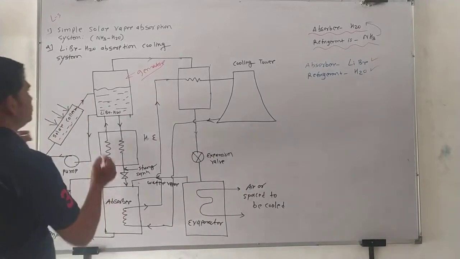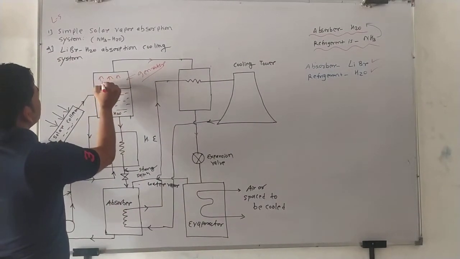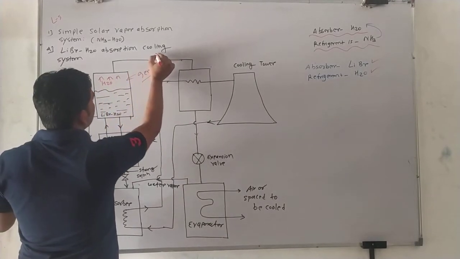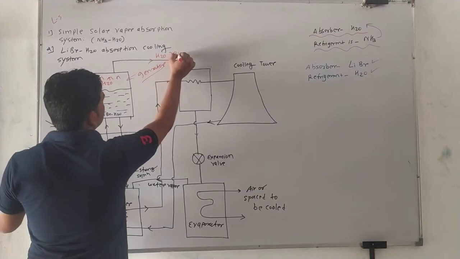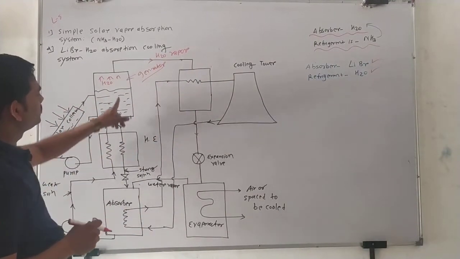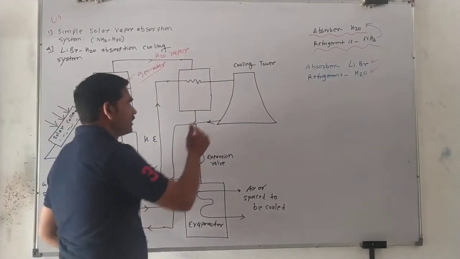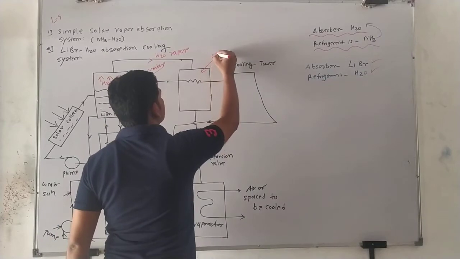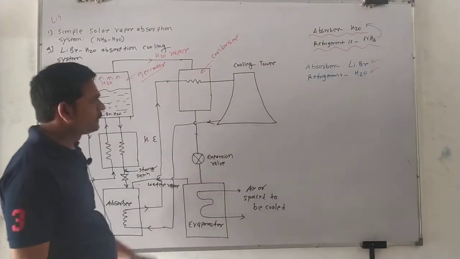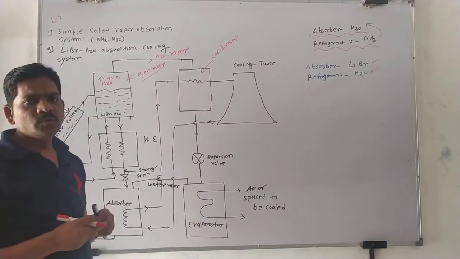After heating, the H2O vapor comes out from the generator. This H2O vapor passes into the condenser. We know the function of the condenser is to condense.